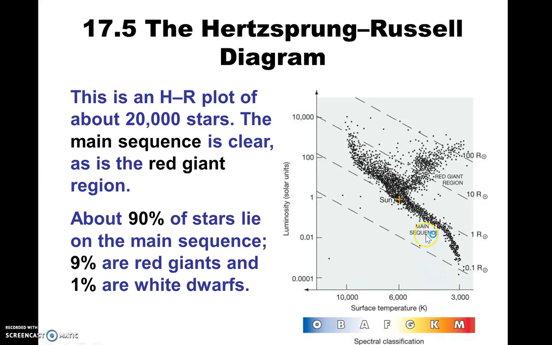You go straight up, and that would be a K type star. You find the star on the main sequence, and then find where it is on the absolute luminosity scale, on the vertical axis.